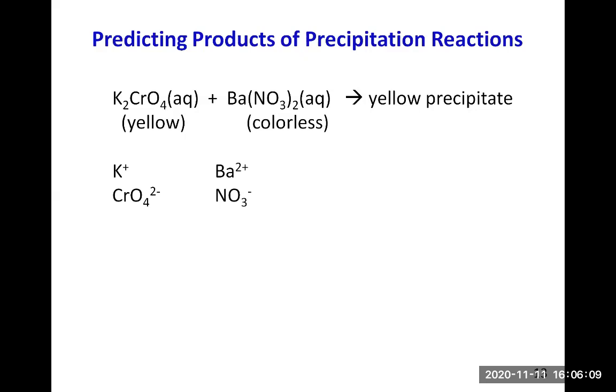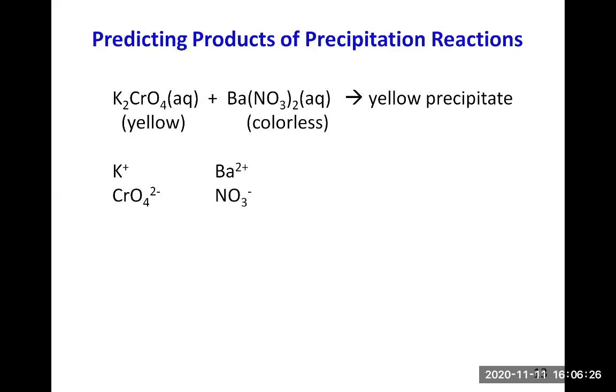That's what happens in an aqueous solution: the ions dissociate completely and are free from each other, surrounded by molecules of water. In the barium nitrate solution, we have the ions Ba2+ and nitrate.